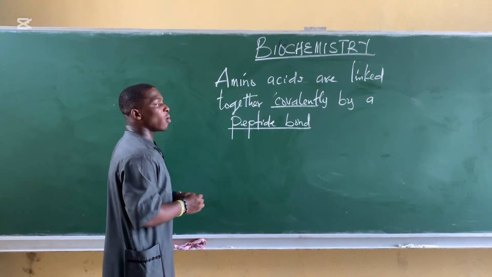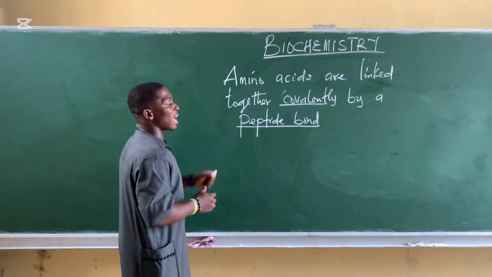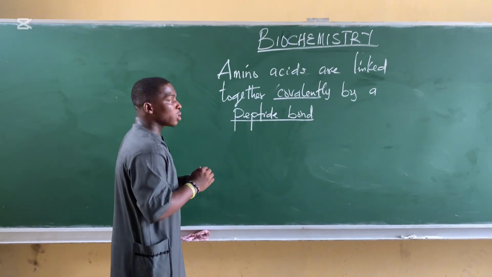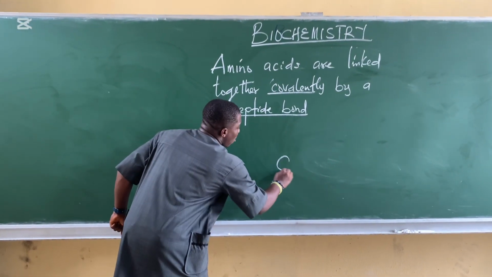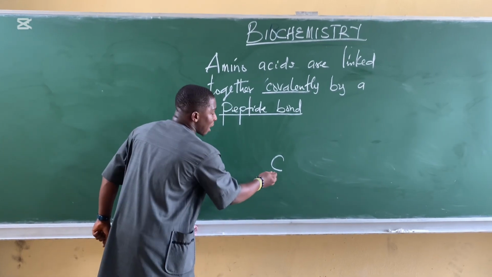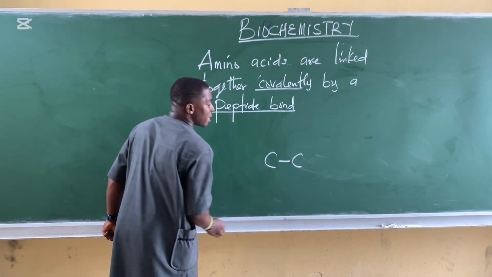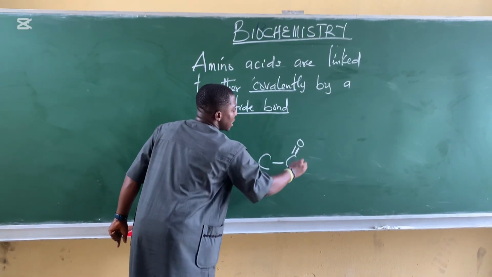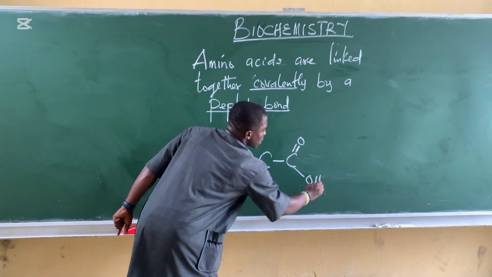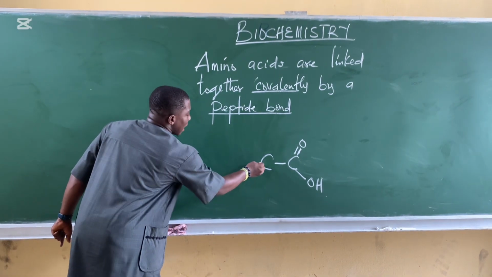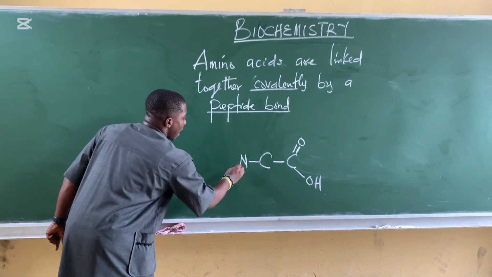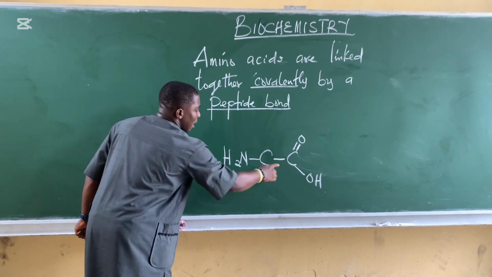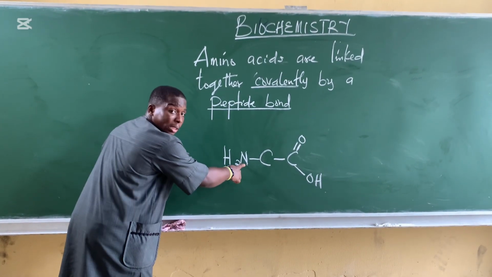If we have an amino acid, we said it is an organic compound that consists of three substituents. I have an alpha carbon. This is my alpha carbon that is bonded to a carboxyl functional group, COOH. To the left, it is bonded to NH2. You bond carbon to carbon and you bond carbon to nitrogen.